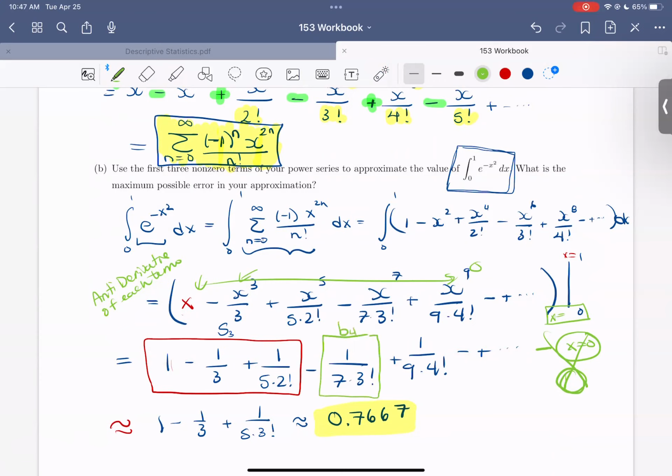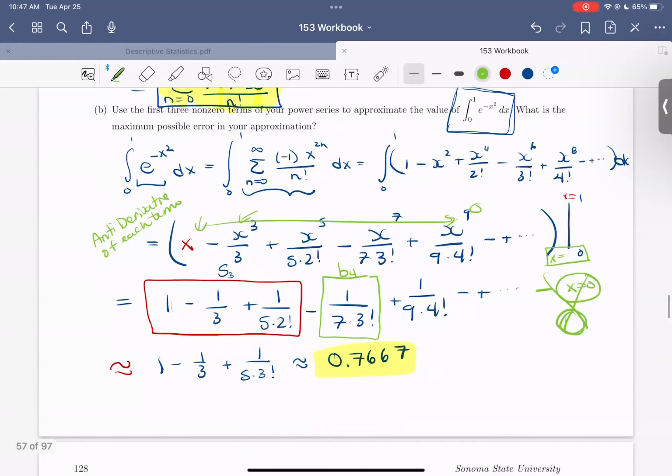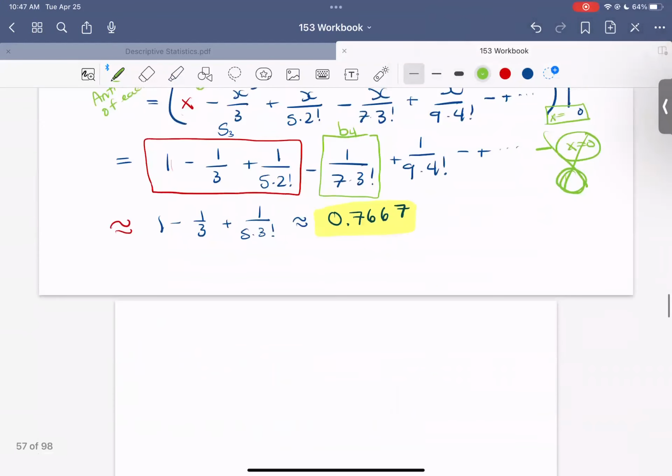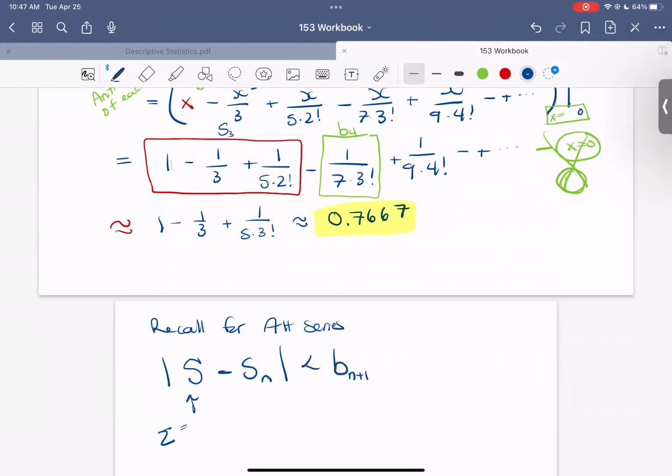So in our case, B sub 4 will be within B sub 4 of the actual convergent value. So I'm going to write that out just so we can recall that. Recall, for alternating series, the actual series value, so the sum itself, minus the nth partial sum is going to be less than the n plus 1 term. And I don't even need absolute value because the B sub i's are all positive. It's that negative 1 to the n that's going to alternate back and forth.